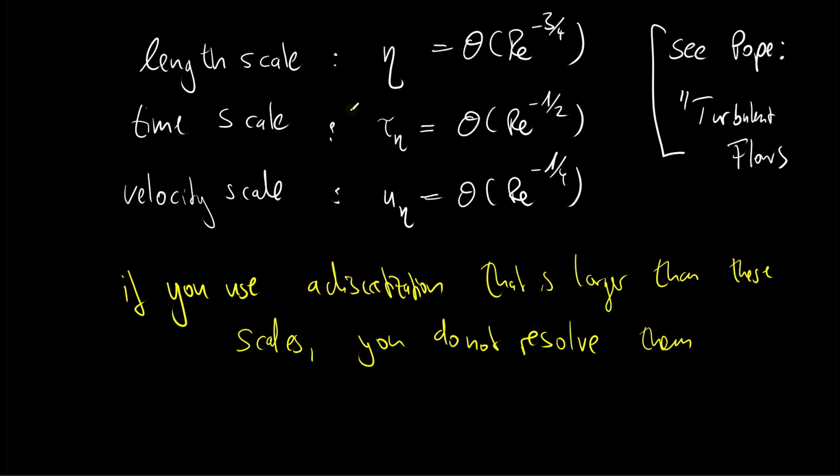So you can also think of the length scale as your desired spatial discretization and of the time scale as your desired temporal discretization.